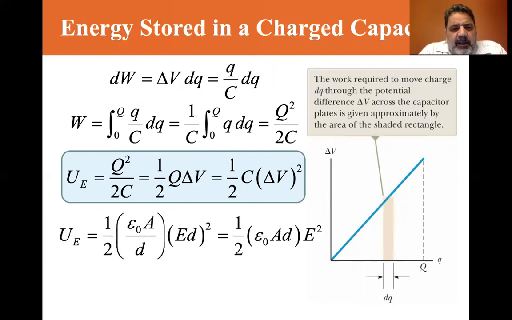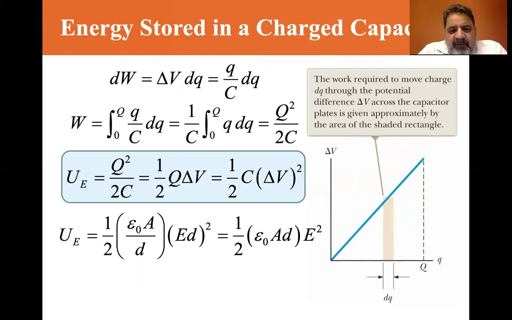So the capacitance is epsilon 0 times the area divided by the distance separating the plates, and delta V is equal to ED. So the electric potential energy is 1/2 epsilon 0 A divided by D times ED squared. Well, you'll see that the D in the denominator takes away one of the D's in the ED squared.